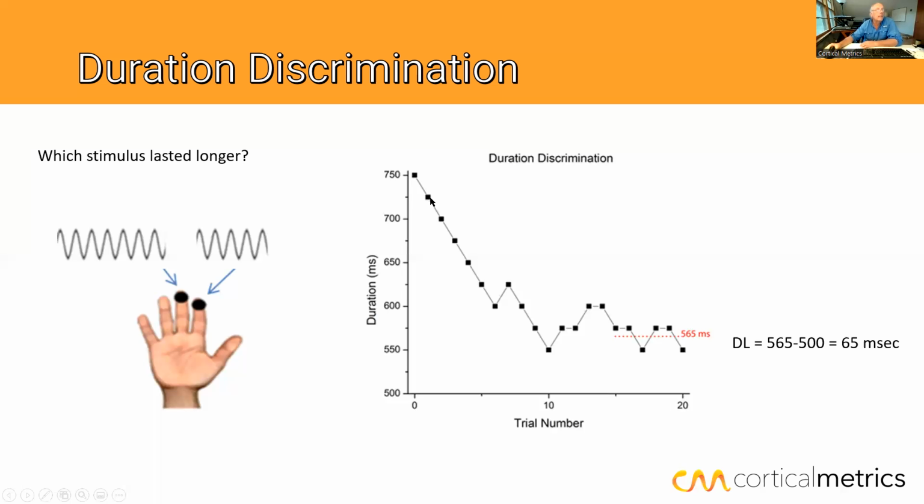Then the difference between those two stimuli gets shorter and shorter and shorter until you reach some kind of threshold. In this case, the computed threshold was 565. And to determine the difference, like I showed you on the last page, the DL is 565 minus 500.